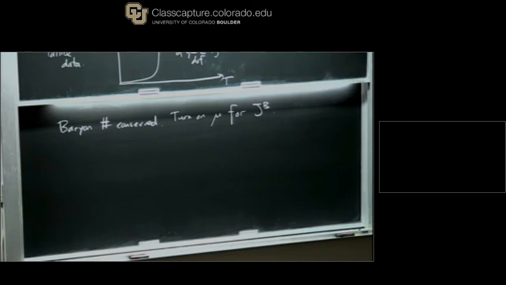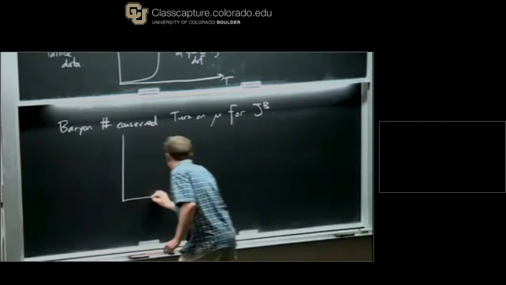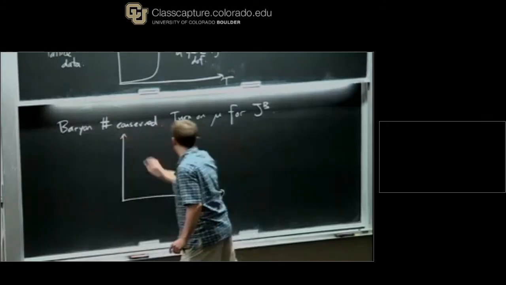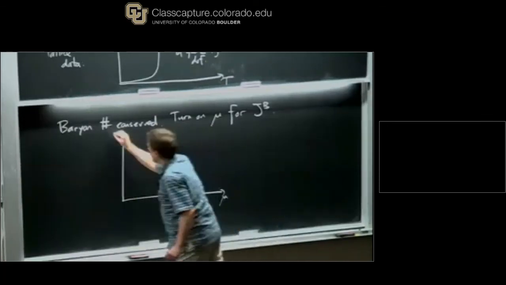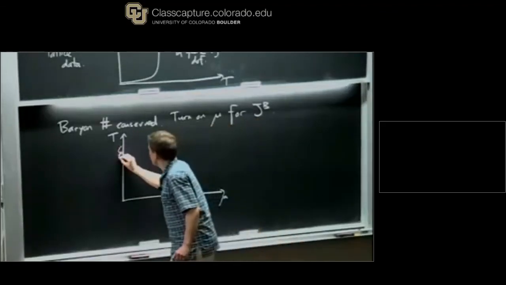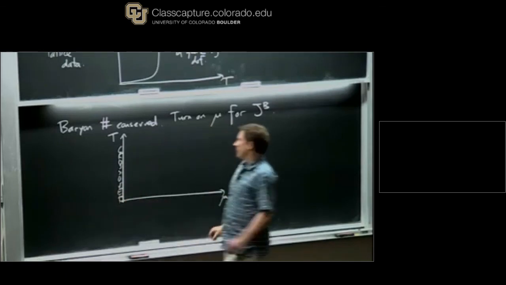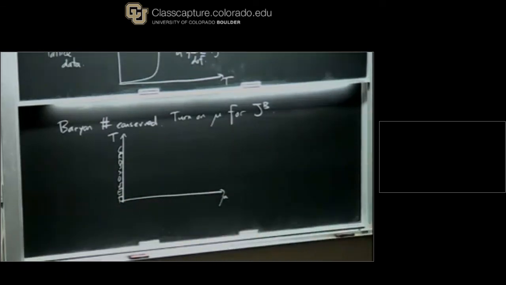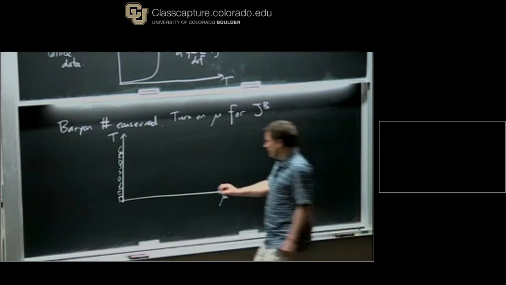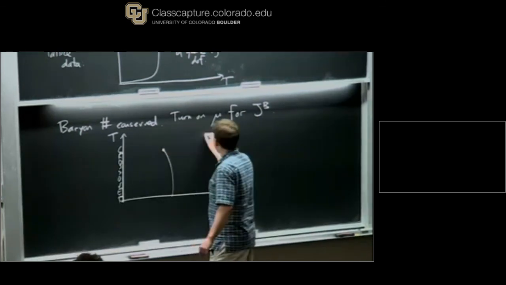What happens? Well, I won't try to explain why people who are not doing AdS/CFT have this expectation. But the expectation is, so here's mu equals 0. Here's where the crossover is. The expectation is that as you get to higher chemical potential, this crossover gets sharper and sharper and sharper until, when you reach a certain point, it turns into a line of first-order phase transitions.